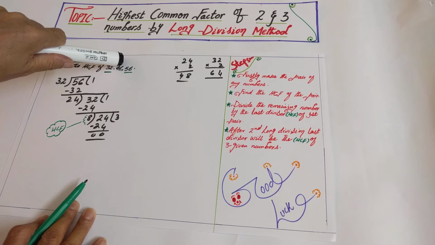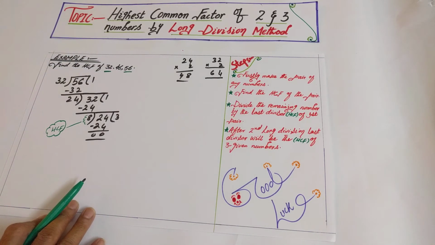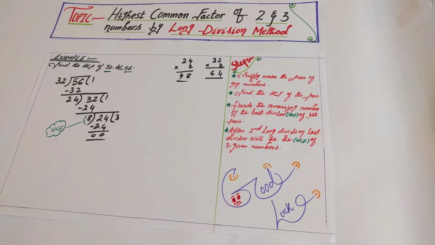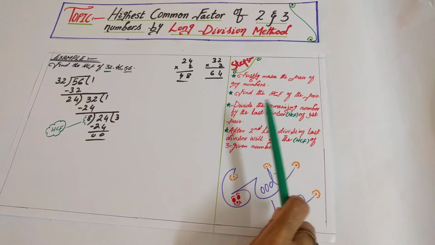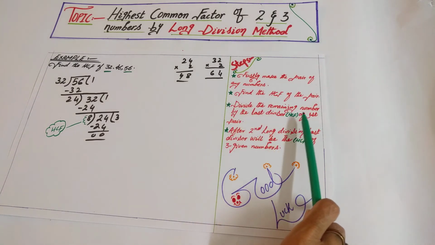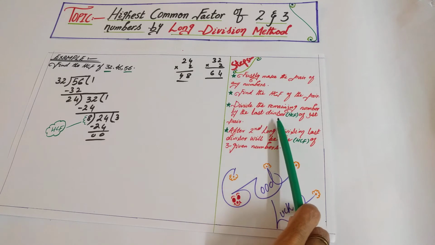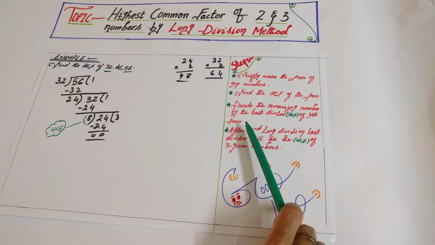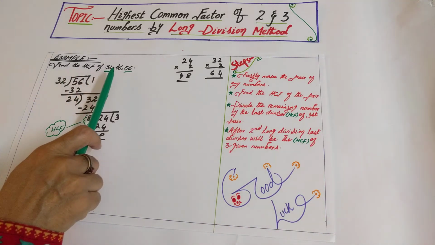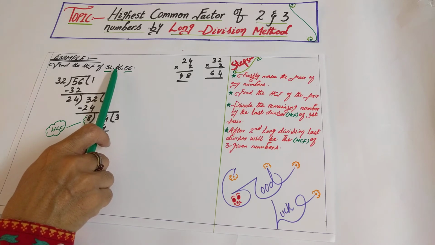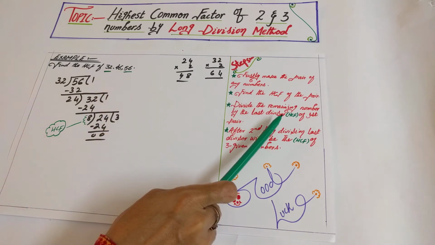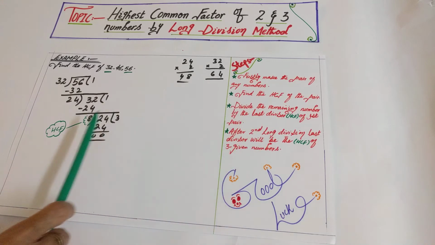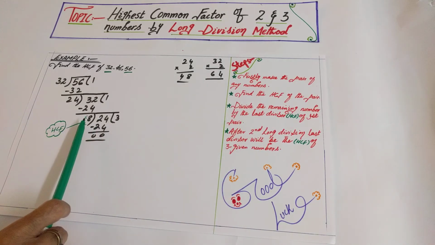Here we have one more left number, that is 46. Come to the steps. Divide the remaining number by the last divisor of the first pair. Now 46 is our left number and we will divide it by the last divisor, or HCF, of the first pair. 8 is the HCF of the first pair.